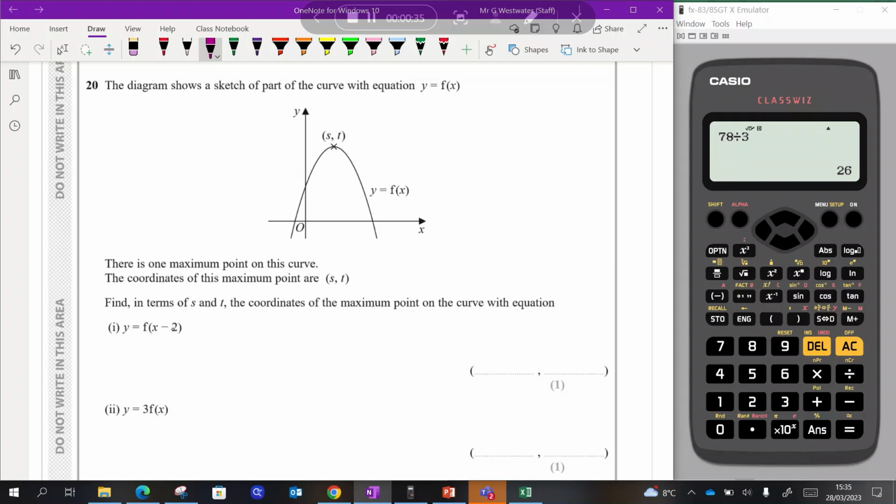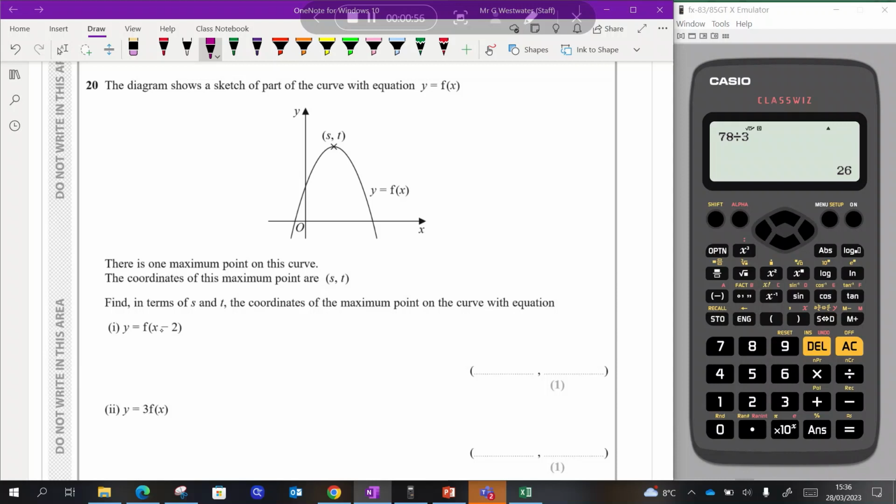So I always remember as if it's inside the brackets, it's going horizontally, but in the opposite direction than you might think. Whereas if it's outside, it goes vertically, and it does what you might expect it to do. And when we're adding or subtracting, it's a translation, whereas if we're multiplying, it's a stretch.